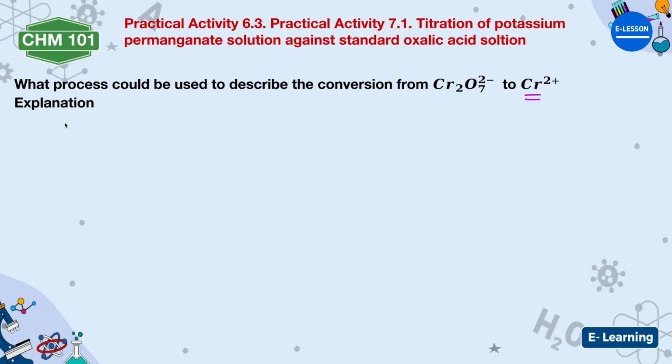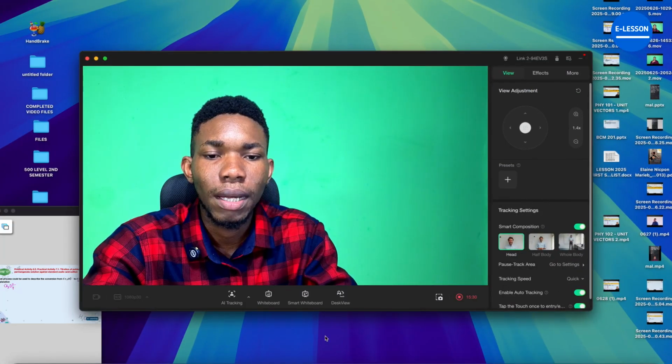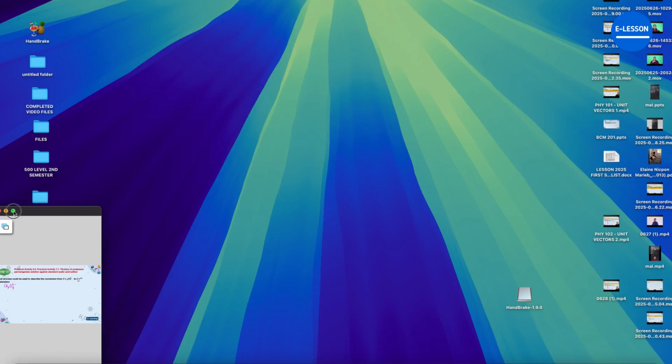Now, you have Cr2O7 2 minus. What is the oxidation state of chromium here? How do you calculate it? While you were in secondary school, we were taught that the oxidation state of an ion is equal to the charge on the ion.